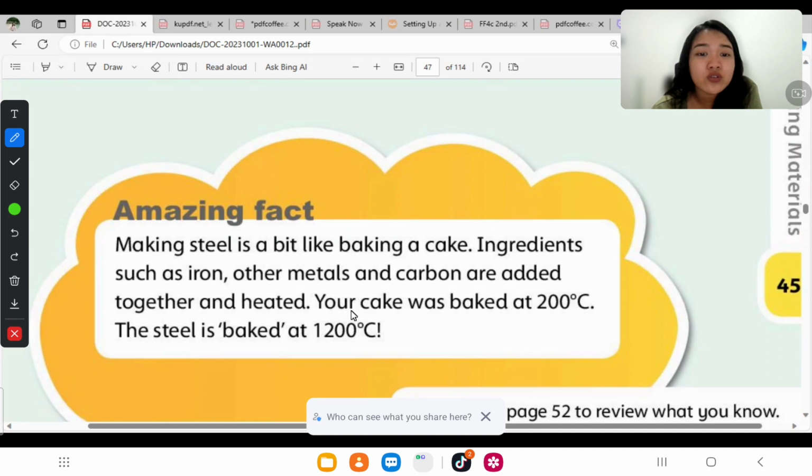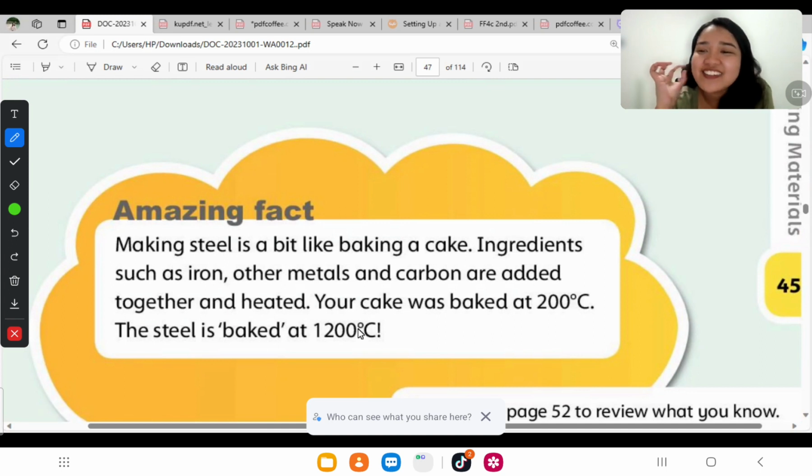Your cake was baked at 200 degrees. The steel is baked at 1,200 degrees Celsius.